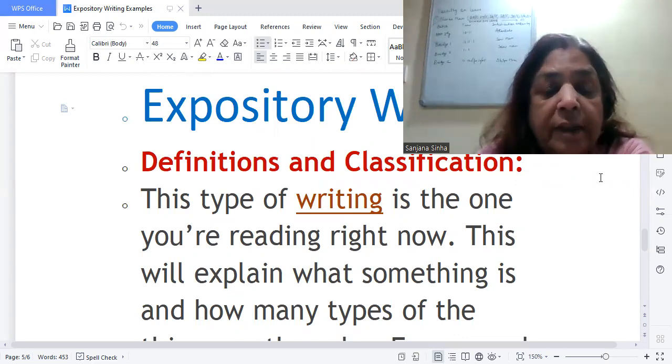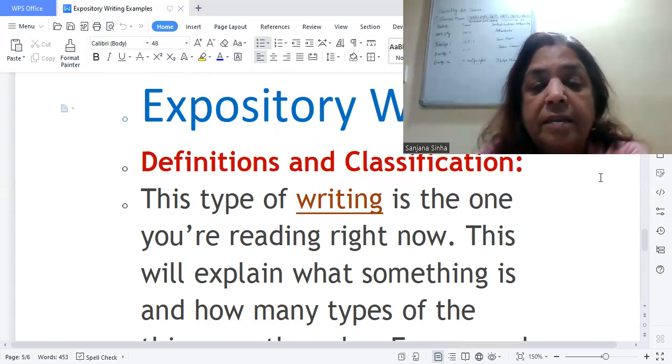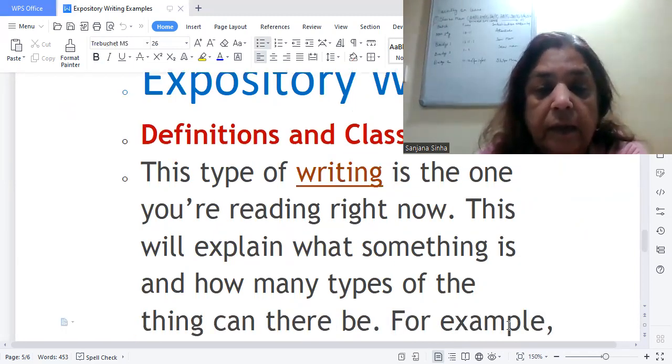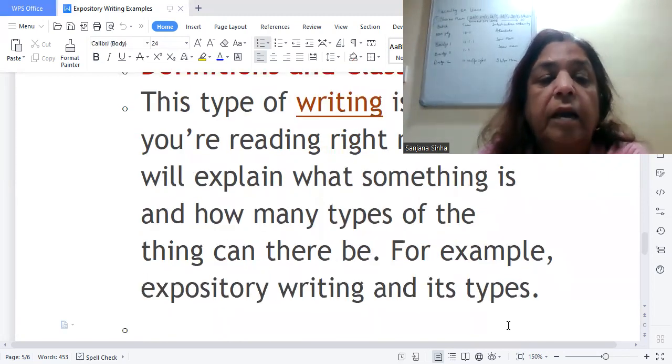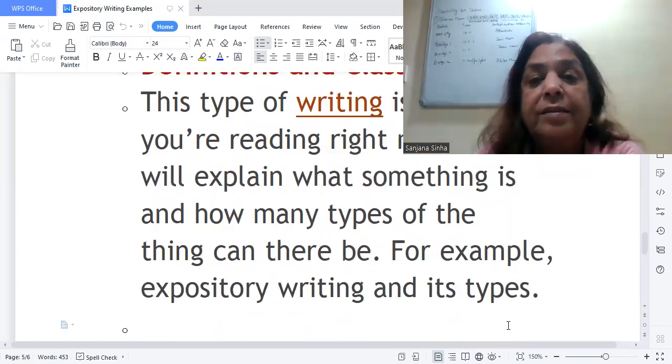So this will explain what something is and how many types of things there can be. For example, expository writing and its types.